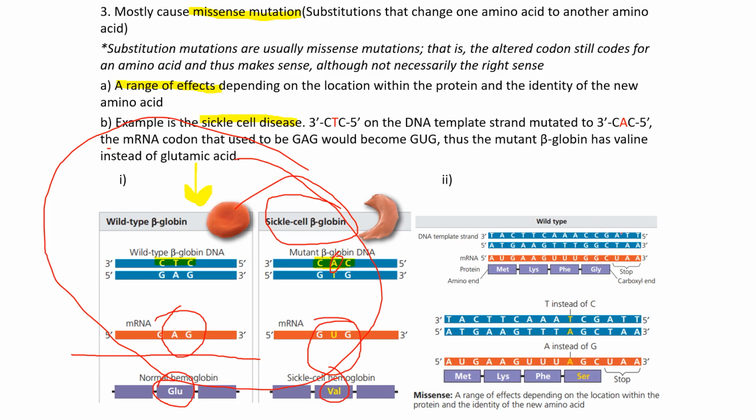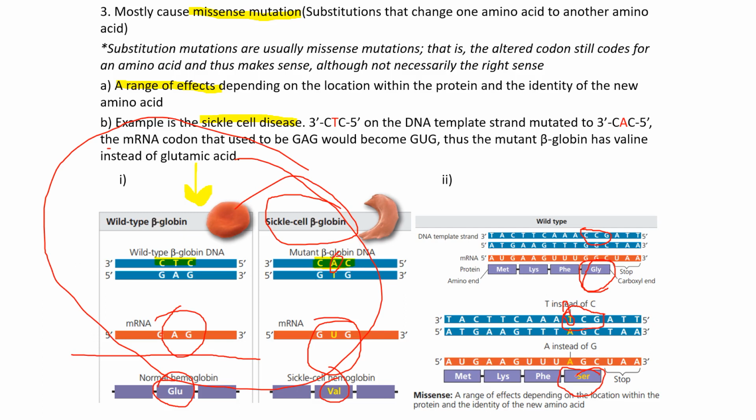This is another example of missense mutation, where you have T instead of C. If we refer to this diagram here, it should be CCG. But what happens? The C is replaced with T, so it becomes TCG. By right the mRNA will code glycine. What happened? Serine is coded instead.